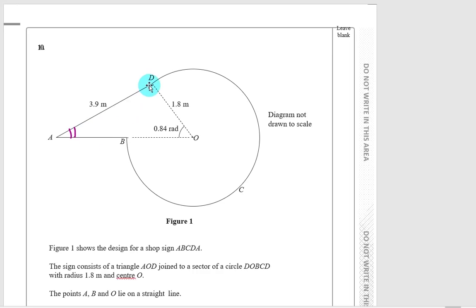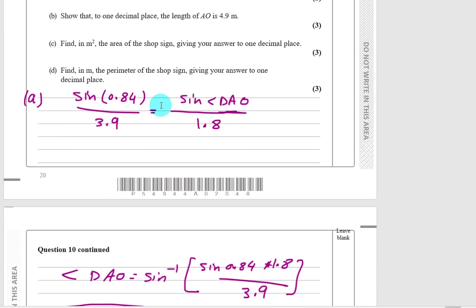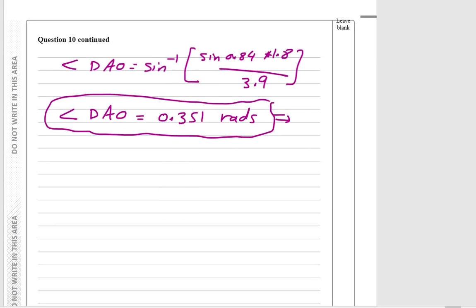We can find this angle, yes. The summation of the angles of the triangle is equal to pi minus 0.84 minus the angle that we calculated now, 0.351. We will find D. So the angle ADO is equal to pi minus 0.84 minus 0.351.